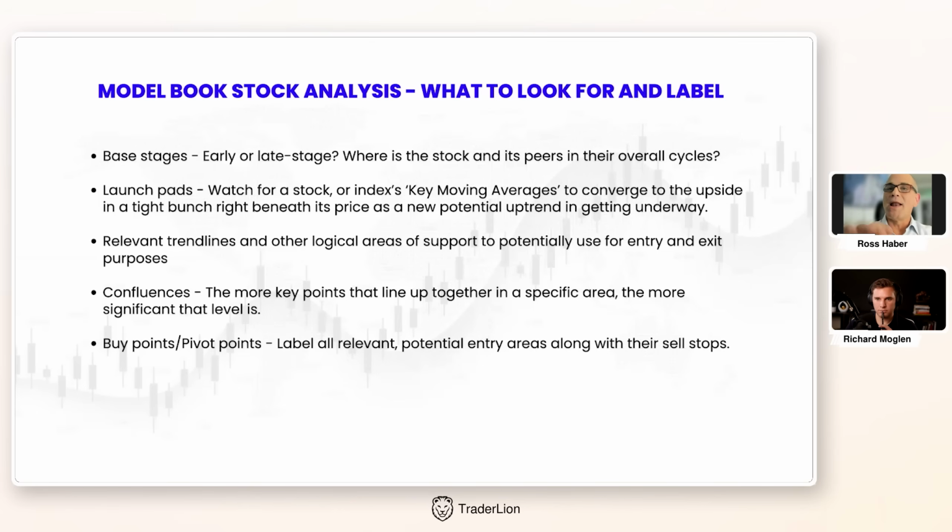I'm playing Monday morning quarterback here, right? I want to see what would have been the optimal spot, had I known in advance where to buy and what would be the perfect sell stop.